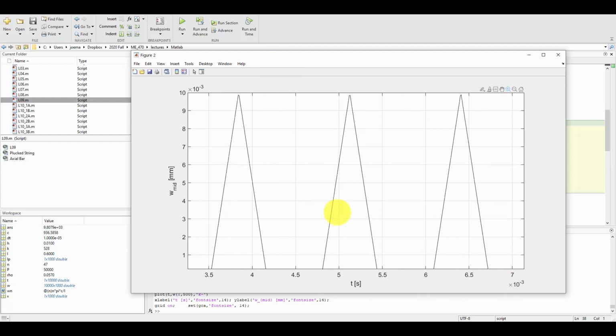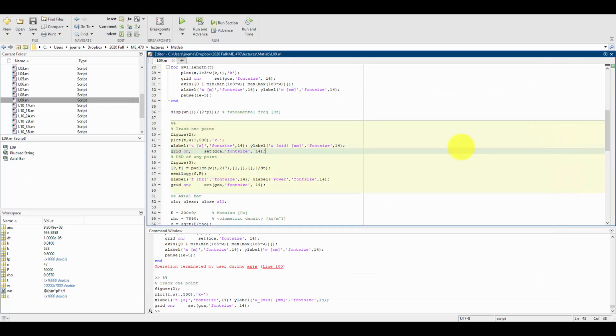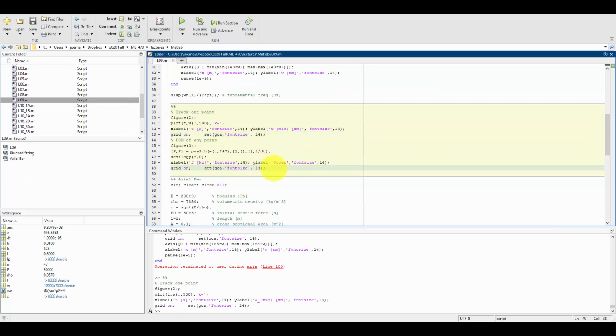But I want to look not at it in the time domain, I want to look in the frequency domain. So I am going to do a power spectral density of this point, of this plot that I just made. So what frequencies is this oscillating at? Where are these powerful frequencies happening? And I'm actually going to do this with pwelch. So it's going to give us a little bit better quality than we've been working with.